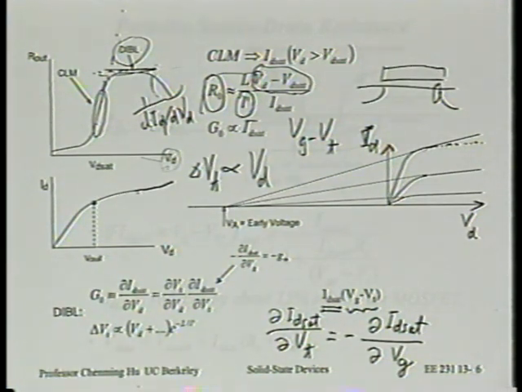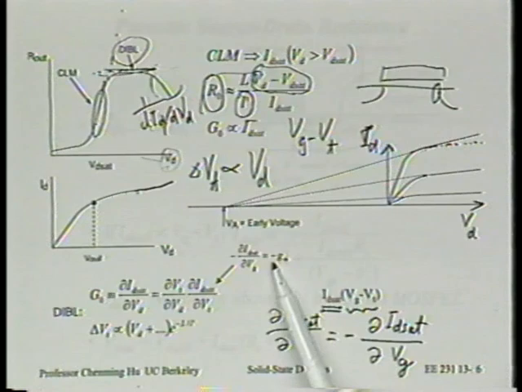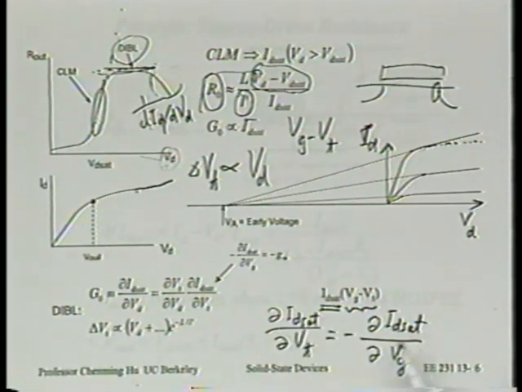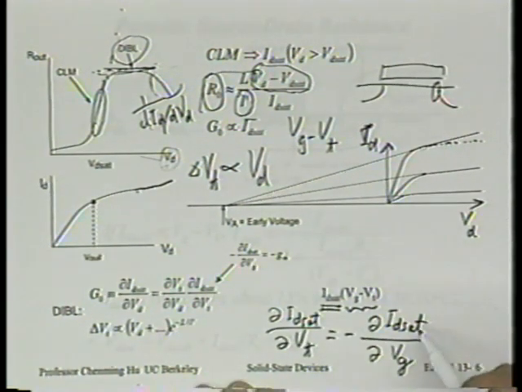Agree? This fact remains unchanged even with our more accurate model with velocity saturation. Remember that? It's always Vg minus Vt. So therefore, we know dID sat dVt is nothing but minus Gm, because dID sat dVg is equal to Gm.